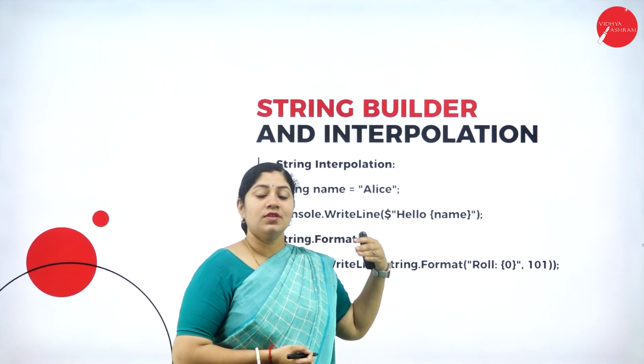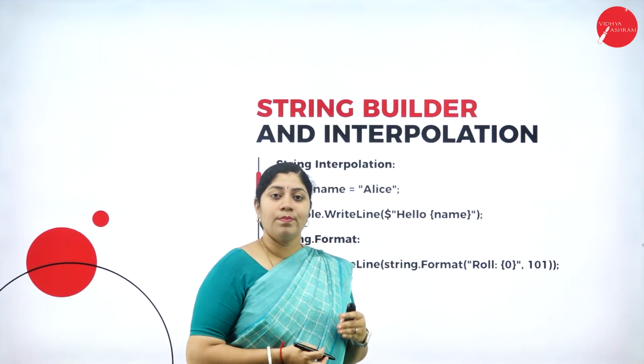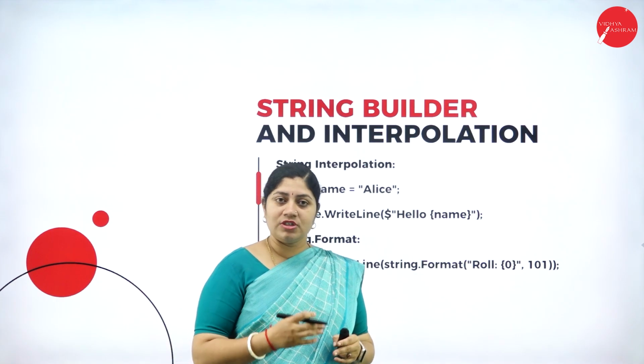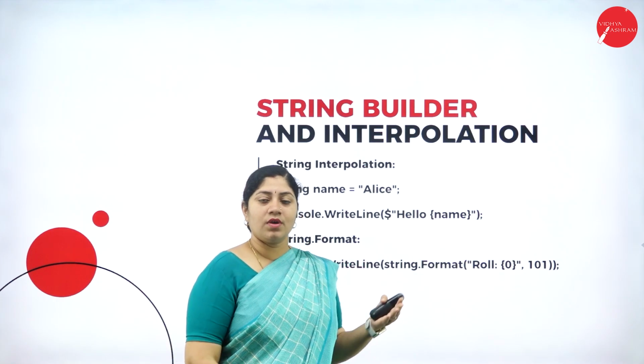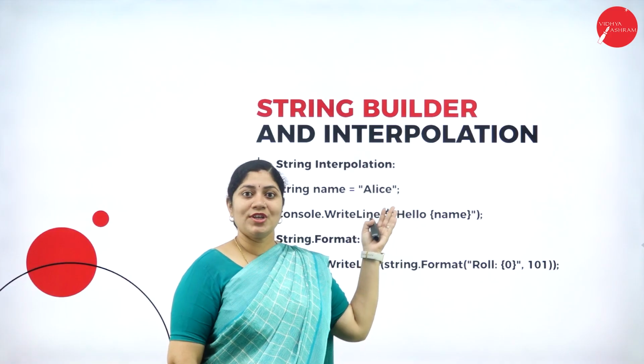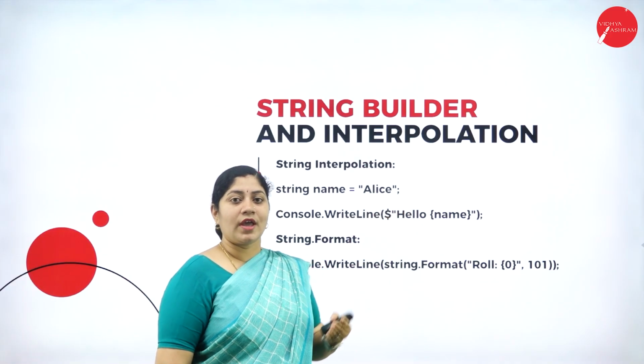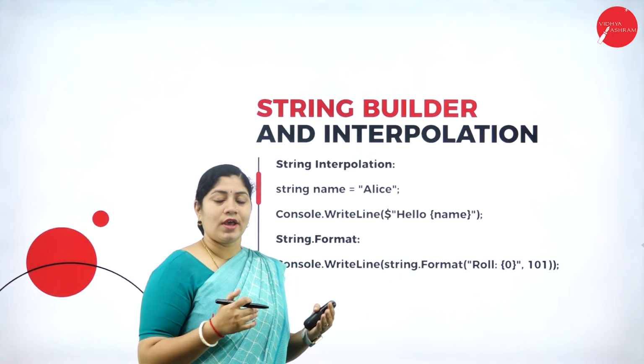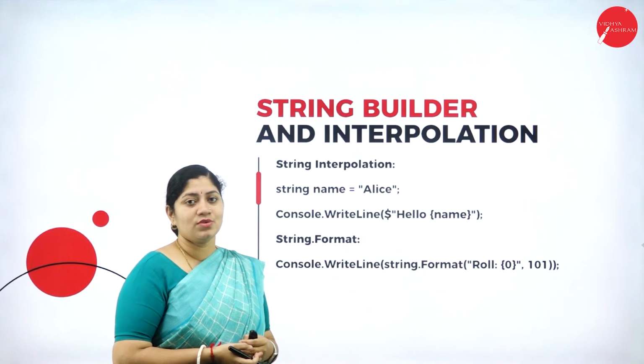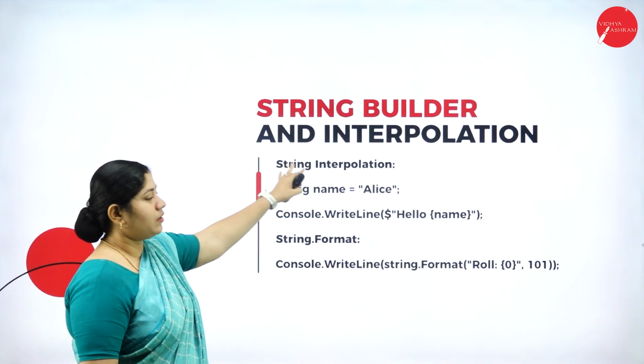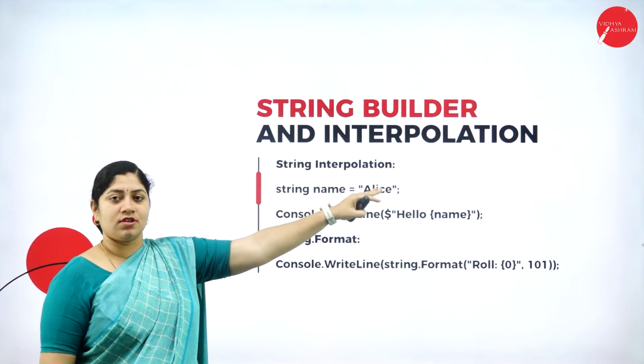Whenever there is a requirement to build a string efficiently, we will go with interpolation, because it is a type where you can consider different strings and build an efficient string together. That's what we define as interpolation.